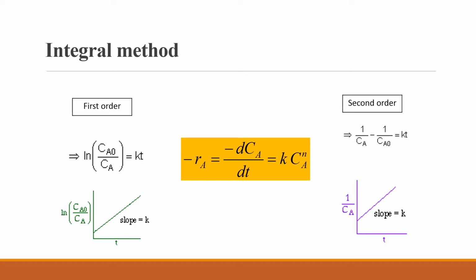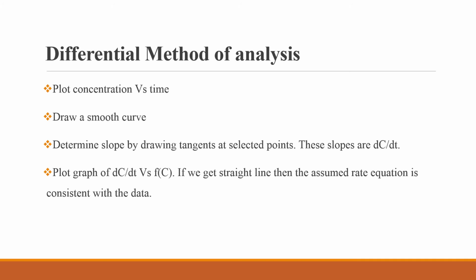order of reaction n. Second method of analyzing kinetic data is differential method of analysis. According to this method, the given kinetic data has to be plotted as such. If the kinetic data is in the form of concentration versus time, plot the given kinetic data, that is concentration versus time. Draw a smooth curve.